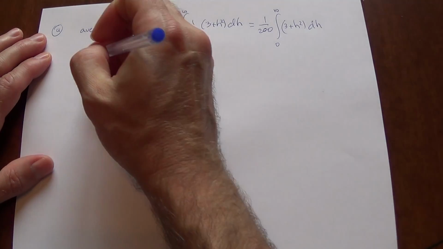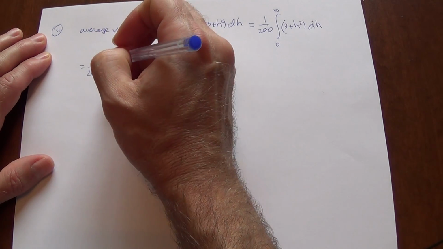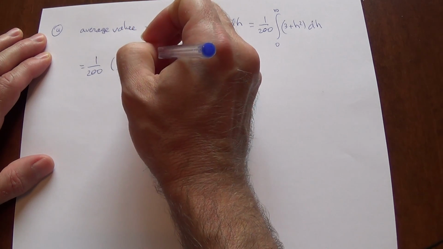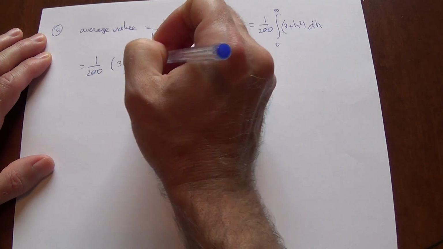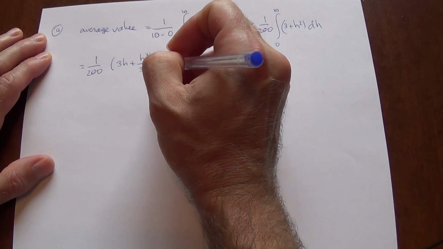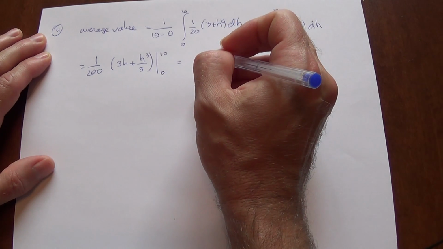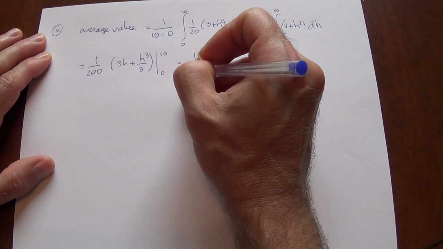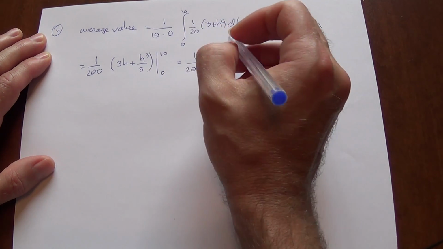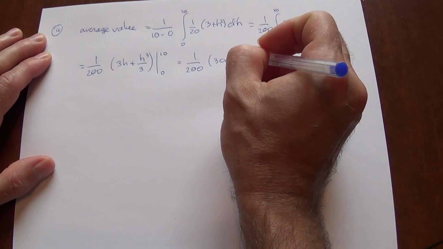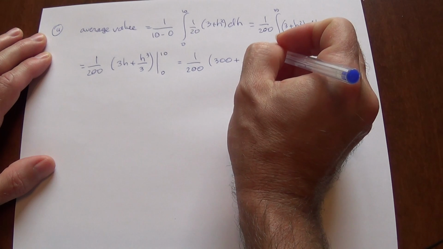You can easily do it. 1 over 200 times, what do we have here? 3h plus h cubed over 3, from 0 to 10. Let's substitute that. So we're going to have 1 over 200. 0 will give us 0, we don't have to worry about this. This is going to be 300 plus 1000 divided by 3.